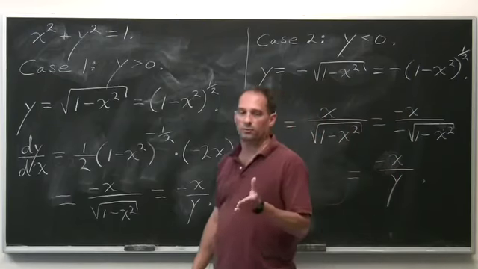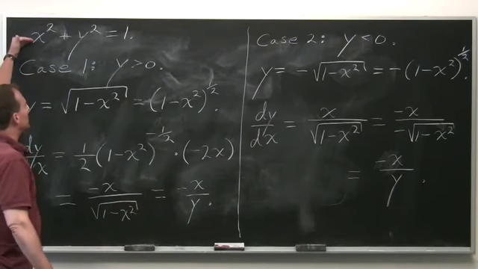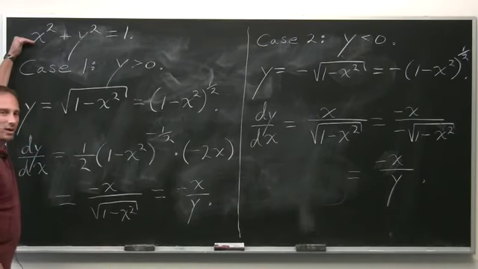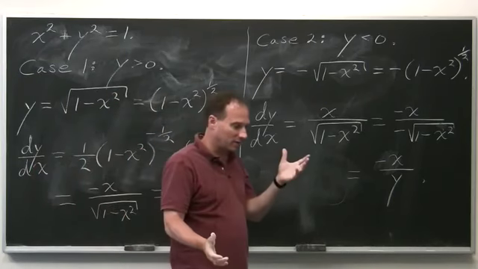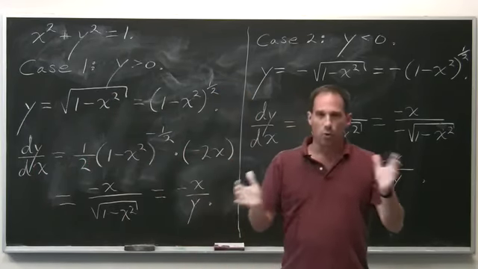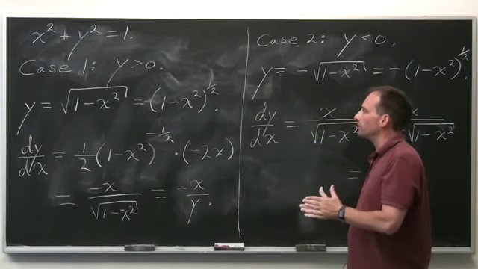So what are we seeing? We're seeing that, okay, if you're given this, it doesn't define y as a function of x. It kind of implicitly defines y as a function of x if you know y is positive, or it implicitly defines y as a function of x if you know y is negative.